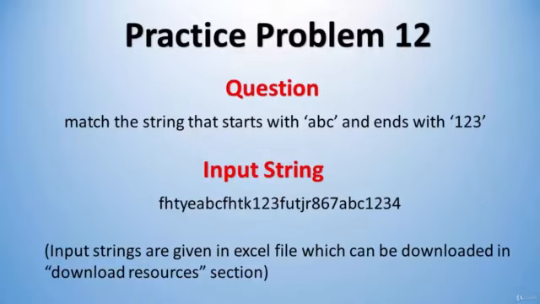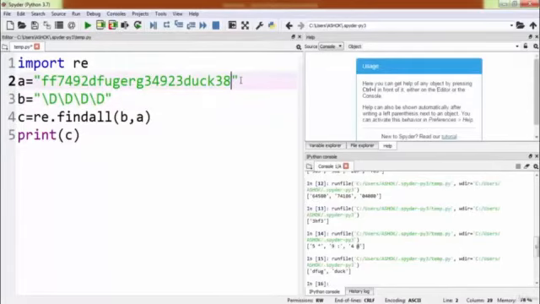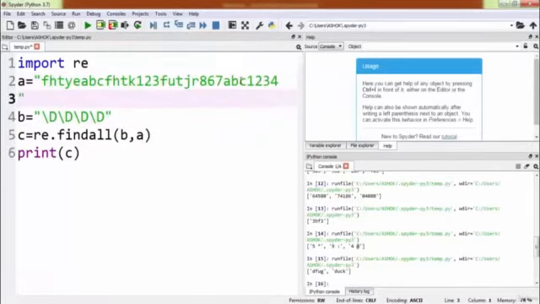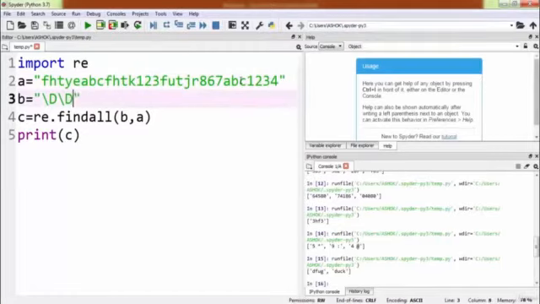So the first question is we must match all the strings which start with ABC and end with 1, 2, 3. As per the question, it should start with ABC and end with 1, 2, 3, so in between there can be any number of characters.